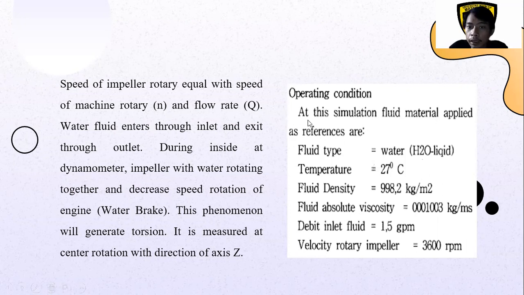And the operation condition at this simulation, fluid material applied as reference is fluid type water, or H2O liquid. The temperature is 27 Celsius. Fluid density 998.2. Fluid absolute velocity like this, and the inlet fluid like this, and the last is velocity rotary impeller 3600 RPM.